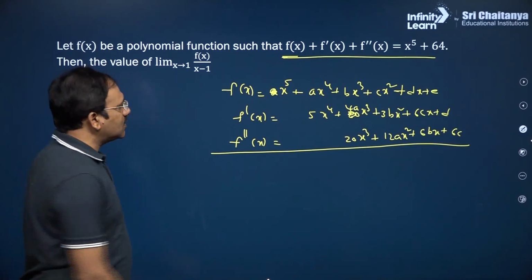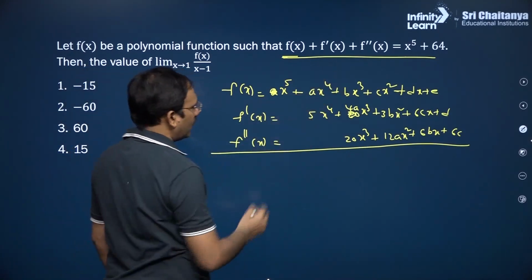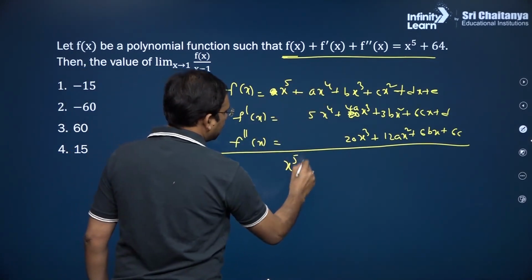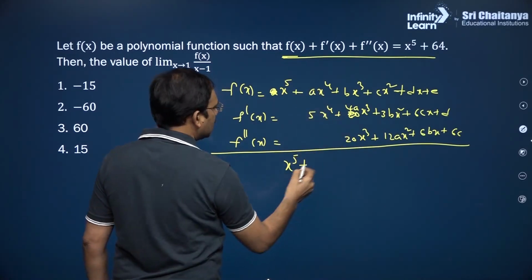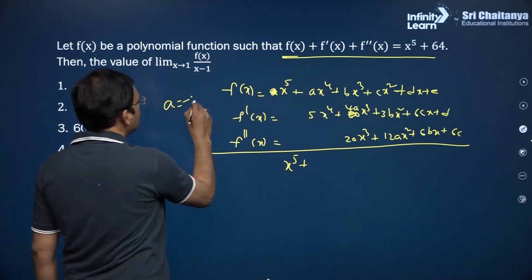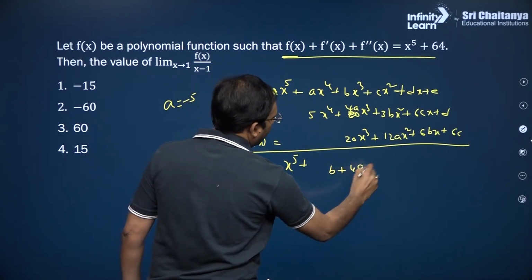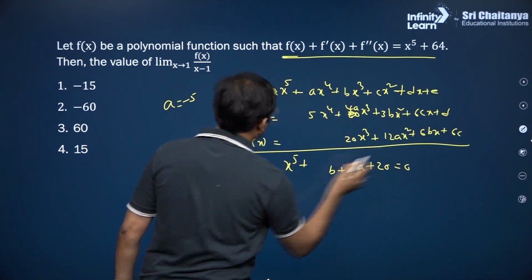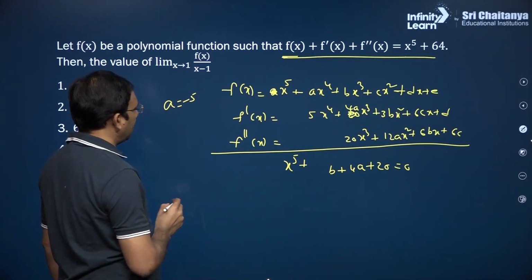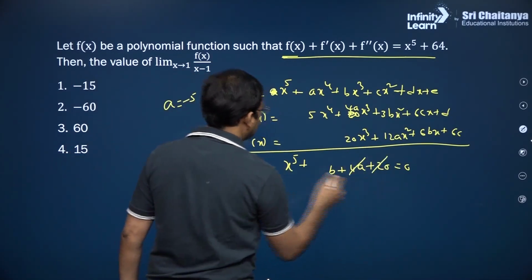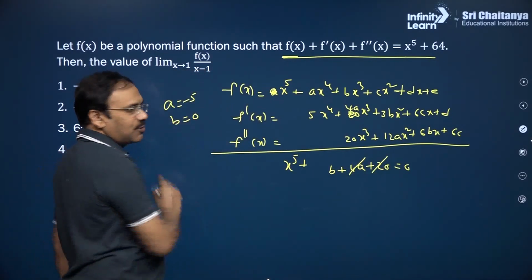If you add all these things and compare with x power 5 plus 64, for x power 5, a plus 5 is 0, so a value is minus 5. Then b plus 4a plus 20 is also 0. 4a is minus 20, plus 20 got cancelled, you got b is equal to 0.